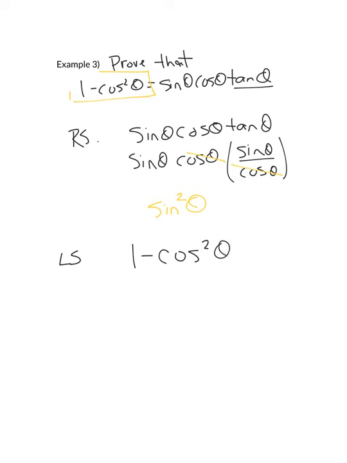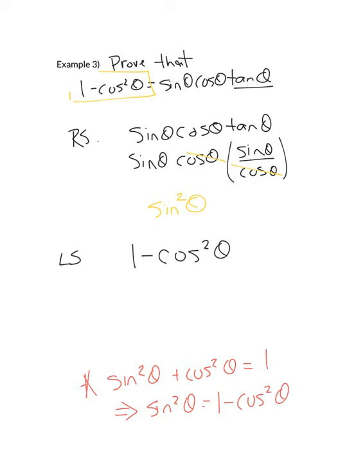I wrote this on the second slide, actually, but because of our Pythagorean identity, the one that says sine squared theta plus cos squared theta equals 1, we were able to rearrange that. So we were able to say that sine squared theta is equal to 1 minus cos squared theta. So I'm able to rewrite this left-hand side as sine squared theta.